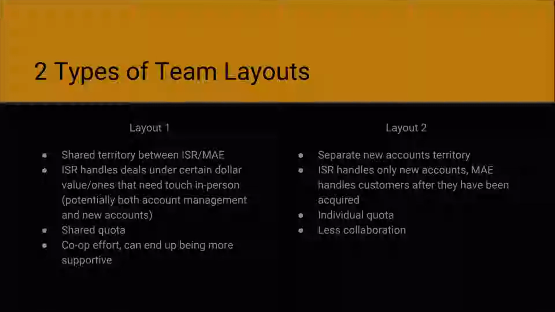But you might actually help with the account management, and then you might actually share the quota together. So any deals that you might close will go towards the team quota of you and the major account executive, and then vice versa. So anything that the major account executive closes might go towards that quota as well. So you're working together to get to the same end goal.